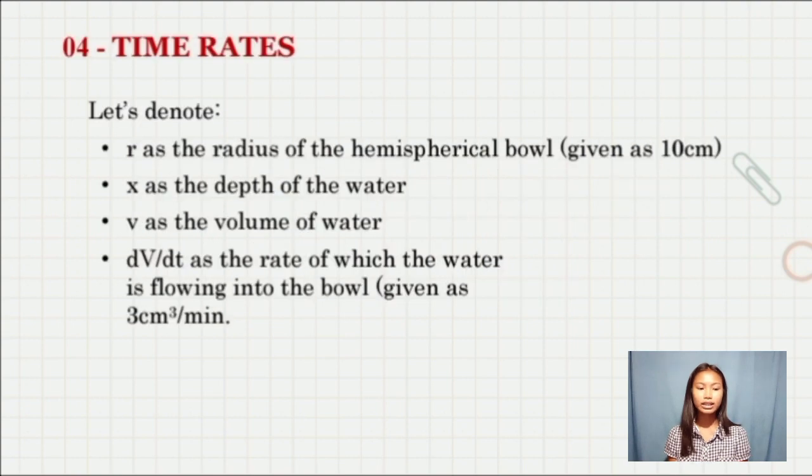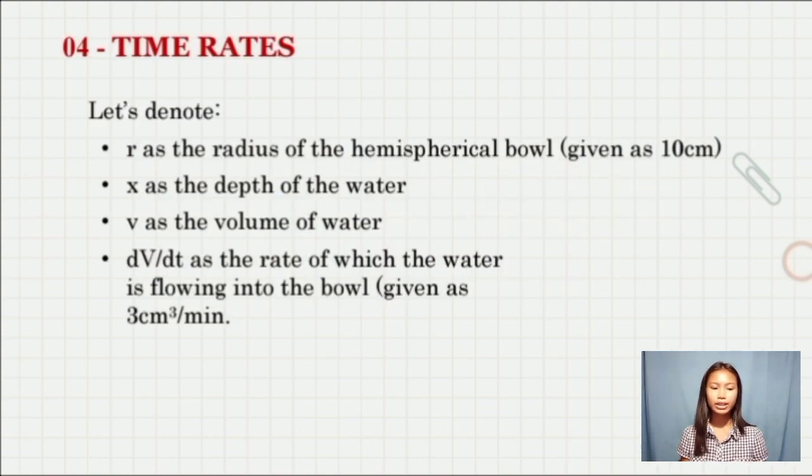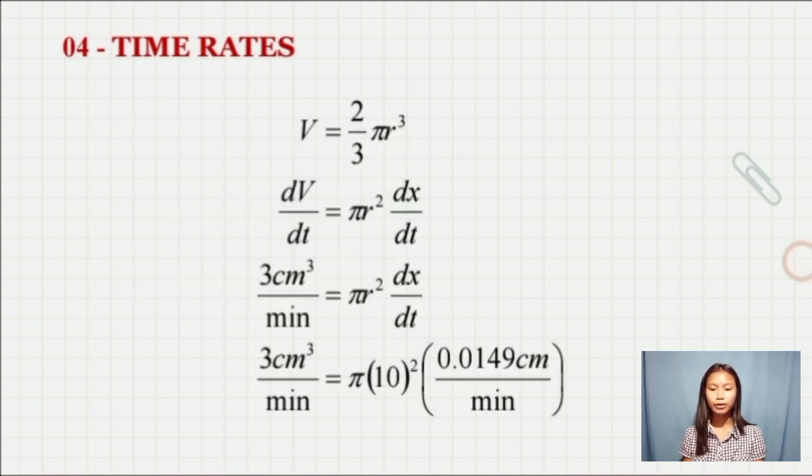Let's denote r as the radius of the hemispherical bowl, given as 10 cm, x as the depth of the water, v as the volume of the water, and dv over dt as the rate at which the water is flowing into the bowl, given as 3 cm cubed per minute. Solving for the volume of water, we will use 2 over 3 pi r cubed.